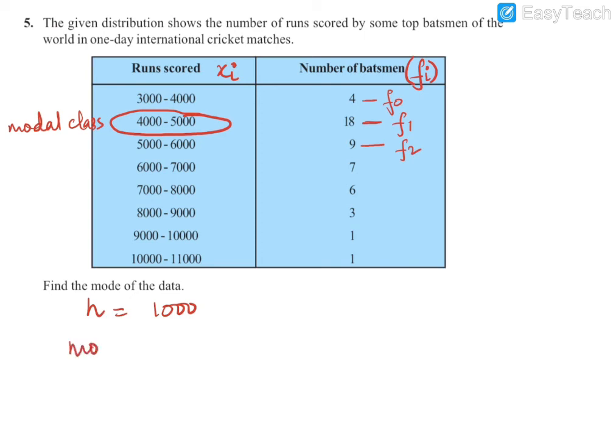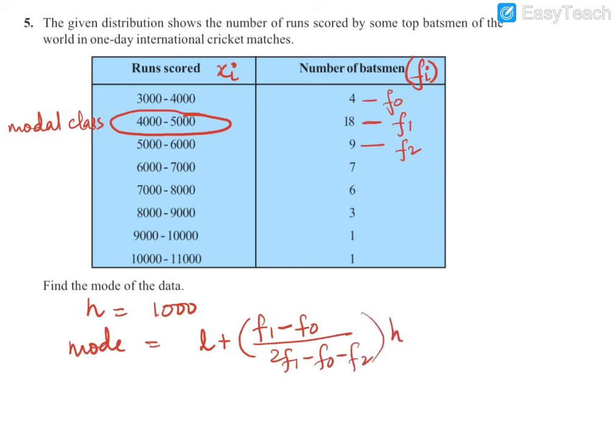So now mode is equal to L plus F1 minus F0 divided by 2F1 minus F0 minus F2 into H. The lower limit of the modal class is 4000.